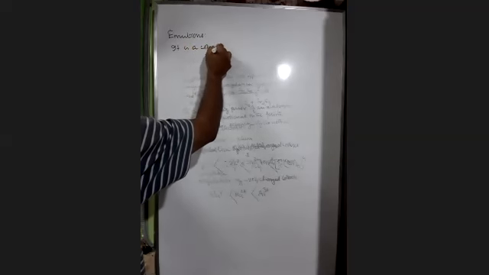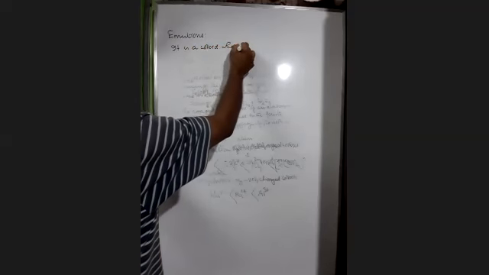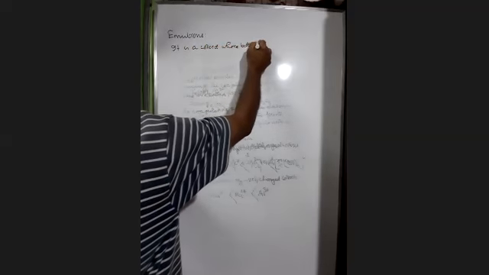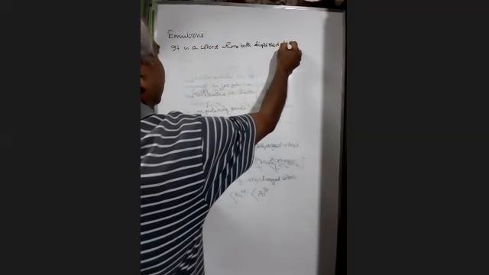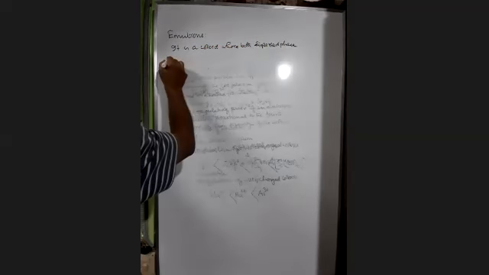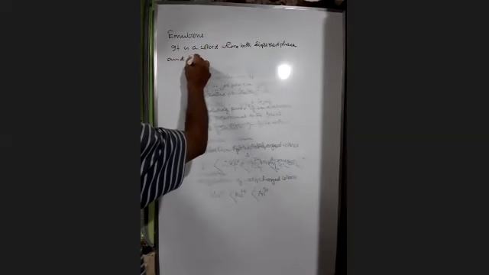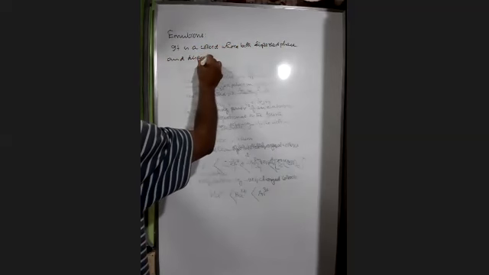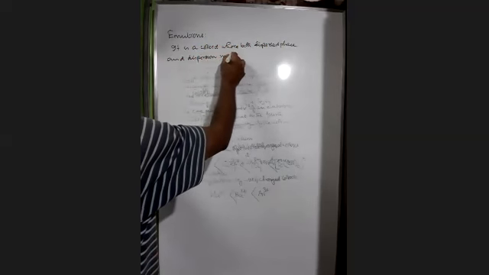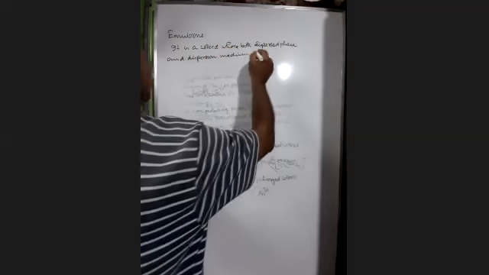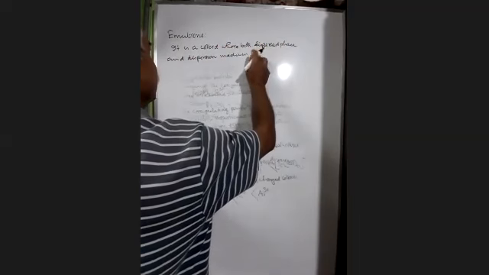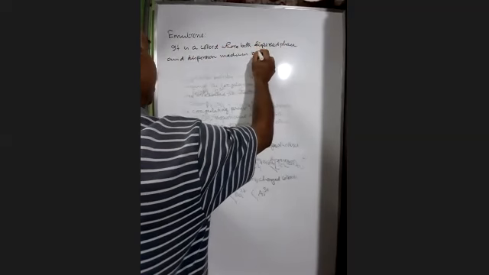Emulsion is a colloid where both the dispersed phase and the dispersion medium are liquids.